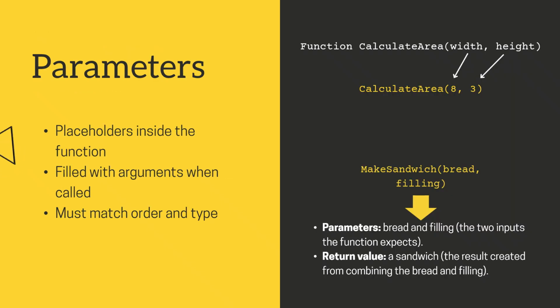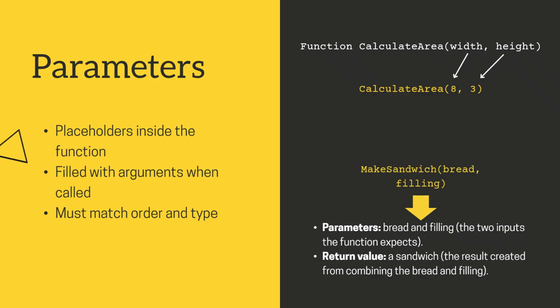Now when we talk about parameters, this is how we send data in. Parameters are the placeholders in the function's definition. So when we call a function, we pass what we call arguments, the actual values that are going to fill those placeholders.